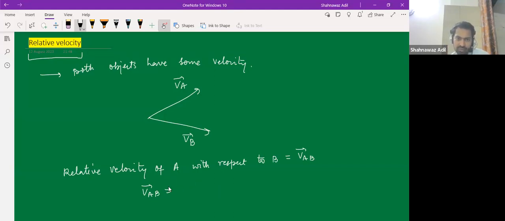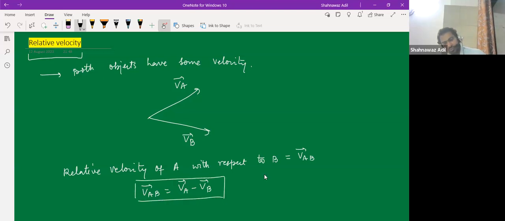Sir, VA minus VB. Correct. Is this clear? Yes, sir. So this is relative velocity in two dimension.